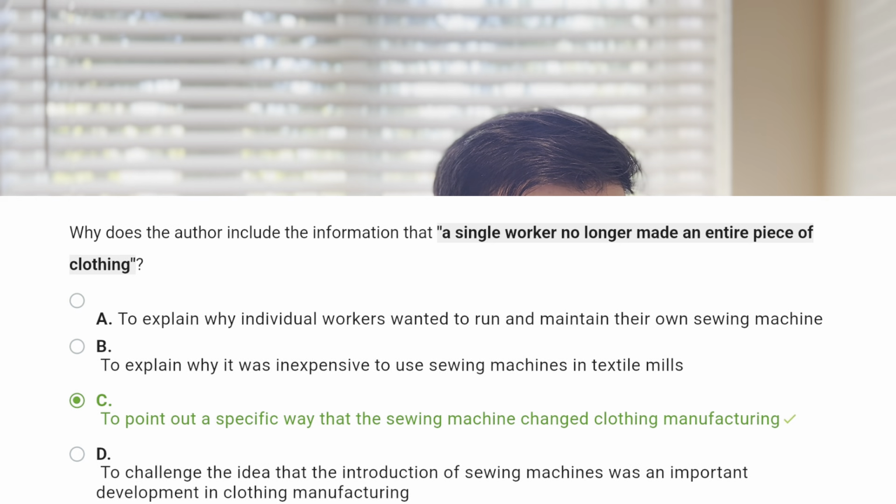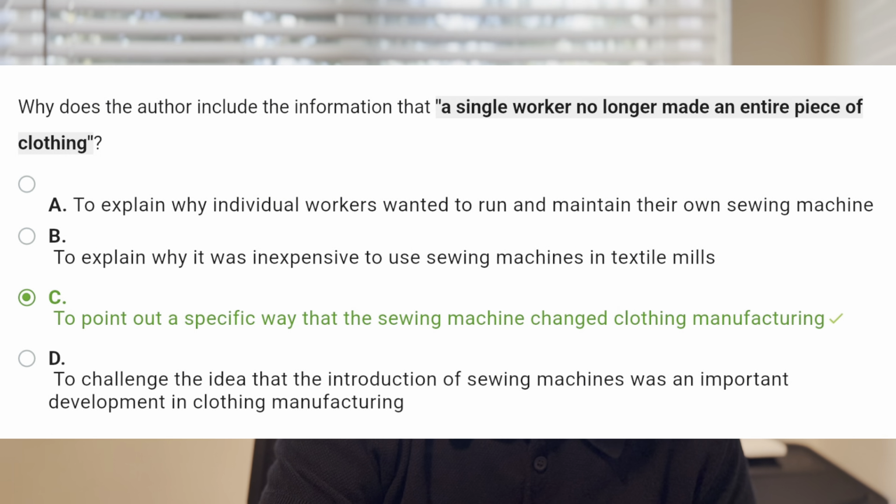The third is to point out specifically that a sewing machine has changed clothing manufacturing. That looks like a potential answer. Another is to challenge the idea that the introduction of the sewing machine was an important development in clothing manufacturing. I don't think so, because the whole passage is about the benefits and pros of the introduction of sewing machines. It's not about challenging this idea.